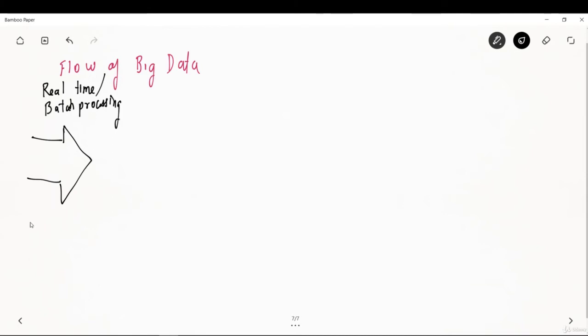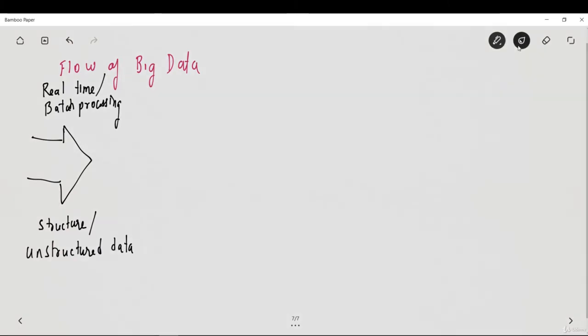Again, the data that is coming can either be structured data, that is, it will have a definite structure, or it can be unstructured data. That means it doesn't have any structure, you have to figure it out yourself. The data is coming from different sources. Let's say it is coming from your mobile devices, it is coming from banks, it is coming from cars, it is coming from aeroplanes.